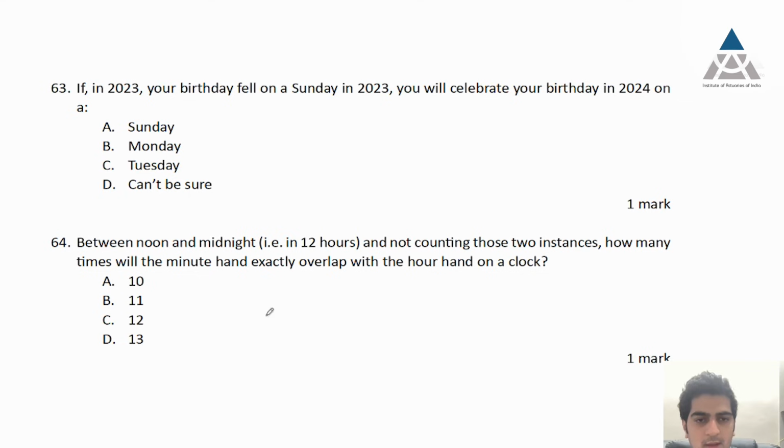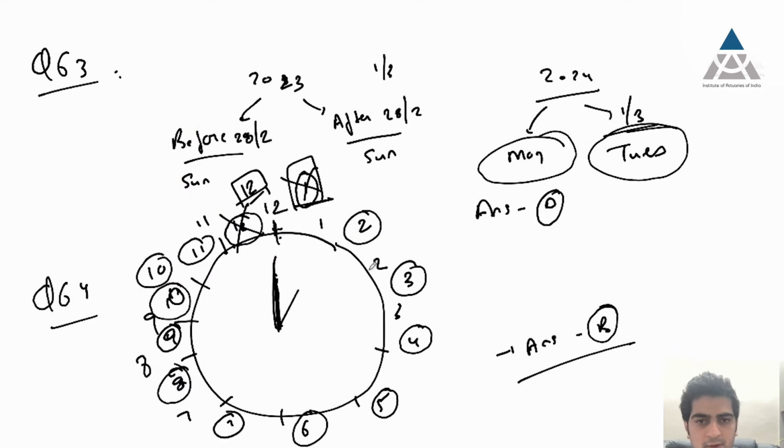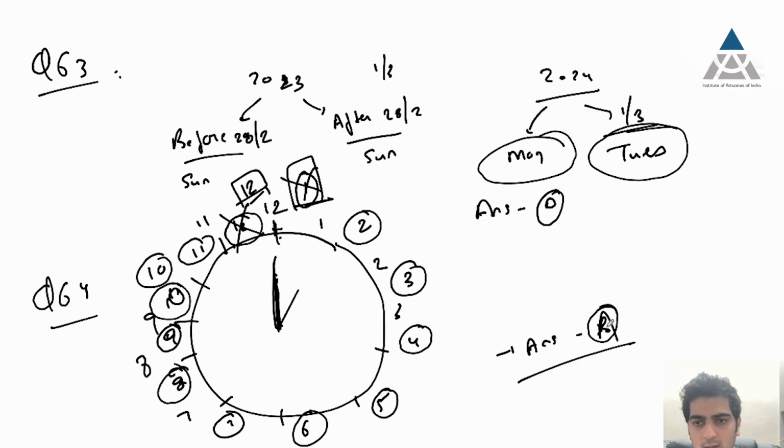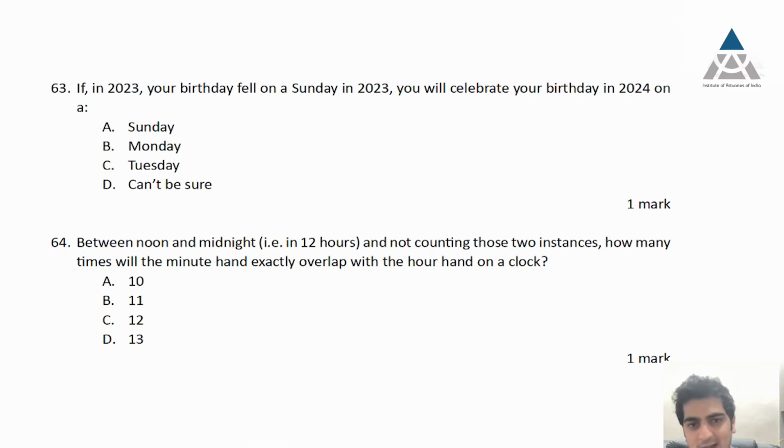So that is why you can see that the number of times this overlap happens is 12 minus 2, that is 10, and your answer is option A. Okay. So hopefully that was clear. It's an interesting question. You need to understand exactly how that clock works, but the answer is option A, 10 times, excluding the 2 times that it happens at 12 o'clock.